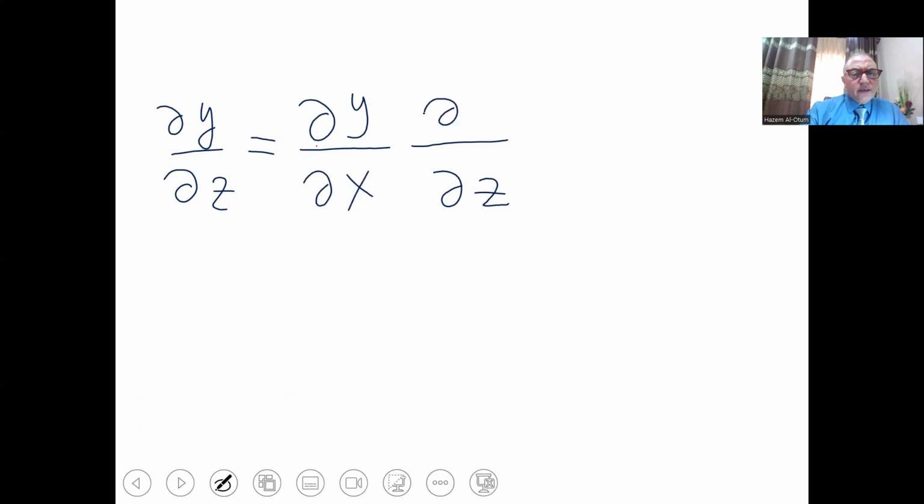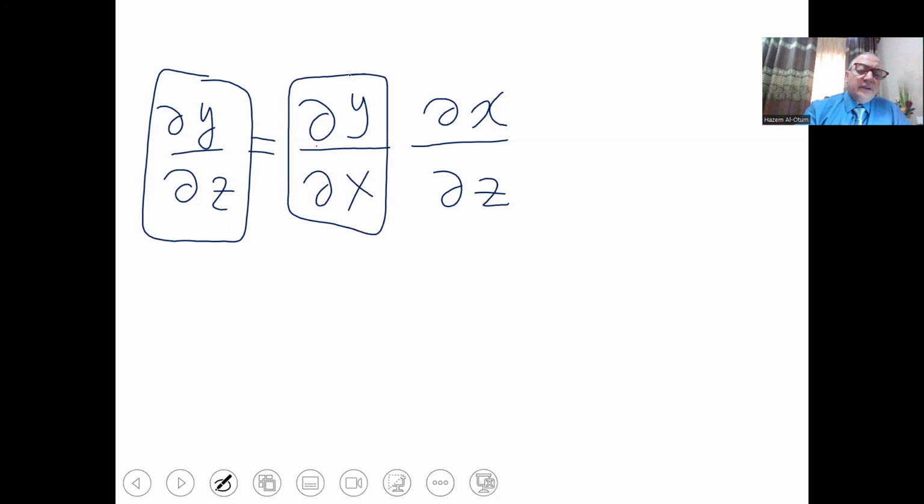So in order to find the first derivative of y with respect to z, when having more than one varying parameter in this problem, we need to find the first derivative del y over del x multiplied by del x over del z.